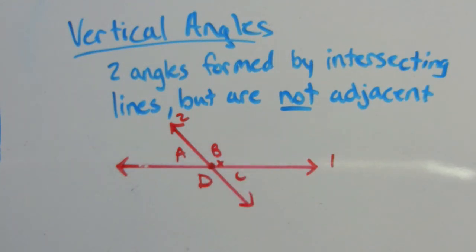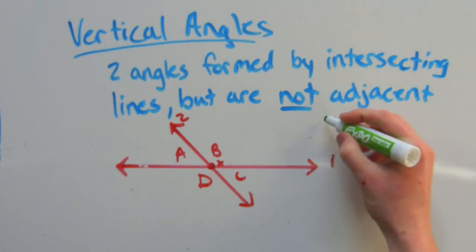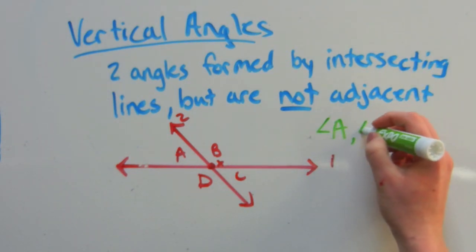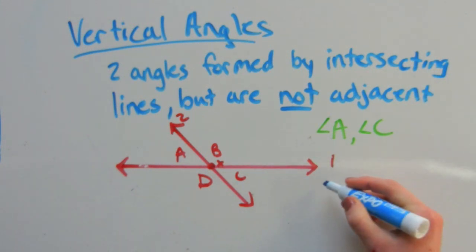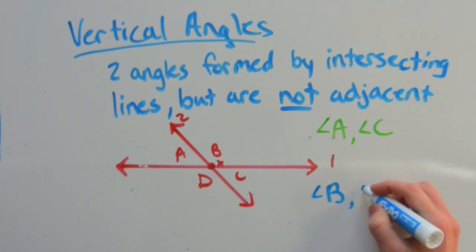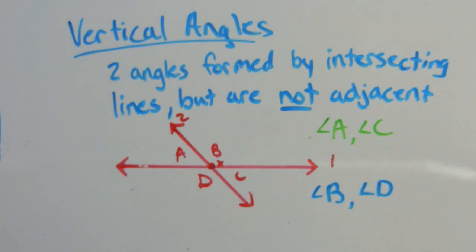D and B are also vertical angles because B and D share a common vertex, but they do not share a common side. Therefore, they are not adjacent. So B and D would also be vertical angles. So, angle A and angle C are vertical angles, as well as angle B and angle D. So those are 2 pairs of vertical angles.